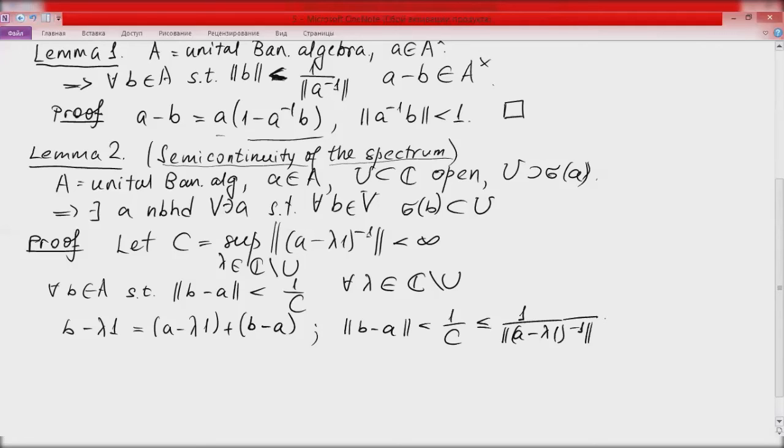And if you now apply lemma 1 to these two elements, we conclude that B minus lambda is invertible.